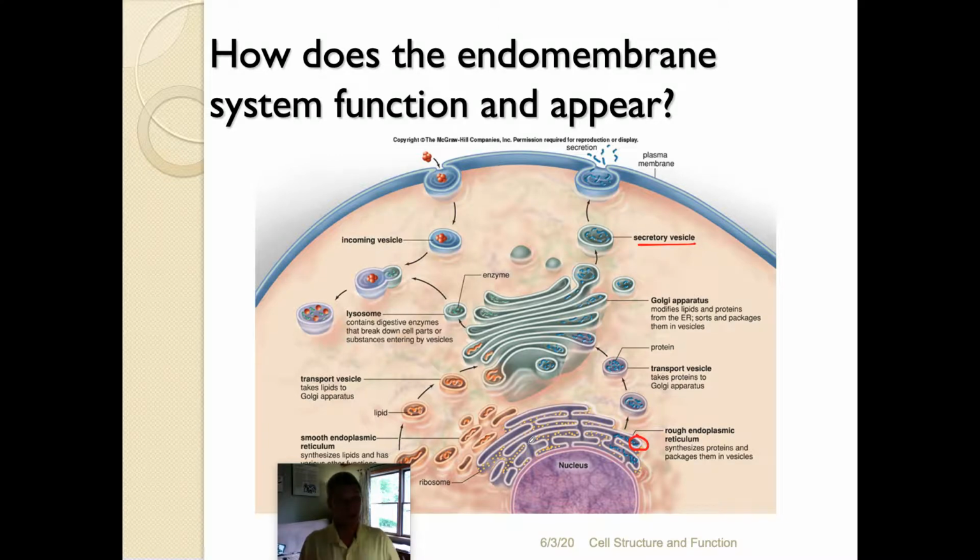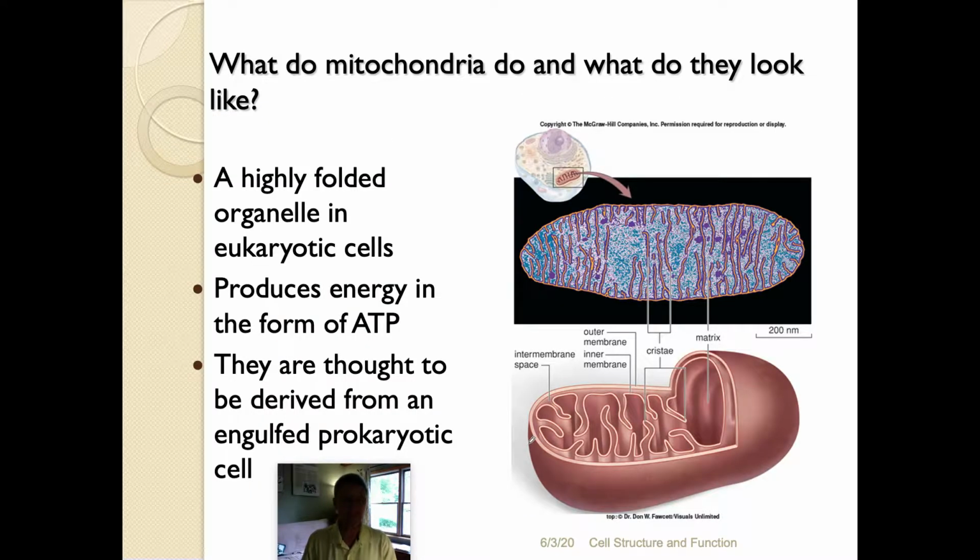Because that increases the amount of surface area that's available for the metabolic reactions to take place on. In any event, the purpose of the mitochondria is to produce energy in the form of adenosine triphosphate, or ATP. And so the more membranes they have, the greater the surface area that's available to produce that energy.